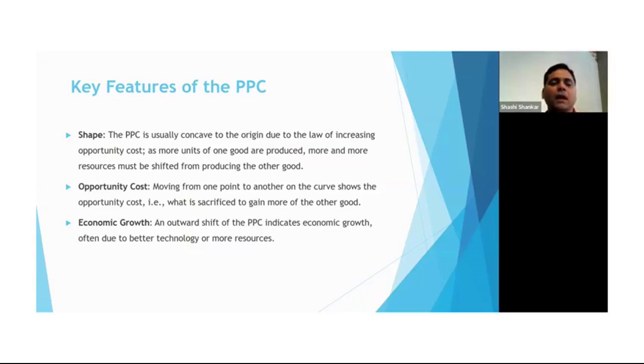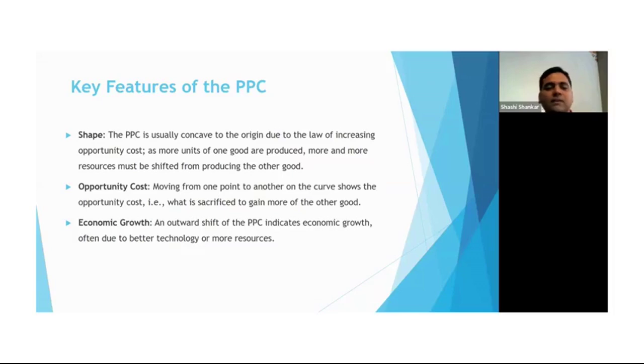As more units of one good are produced, more and more resources must be shifted from producing the other good. Moving from one point to another on the curve shows the opportunity cost, what is sacrificed to gain more of the other good.